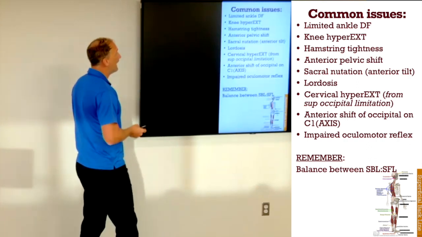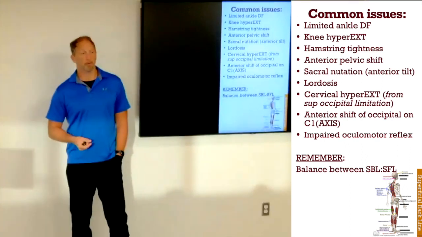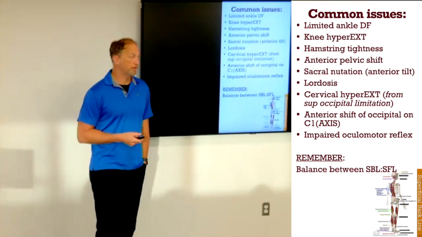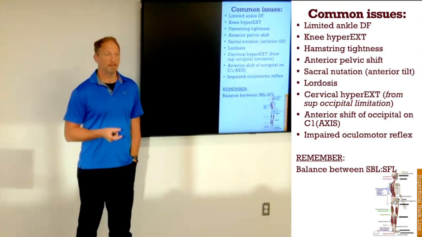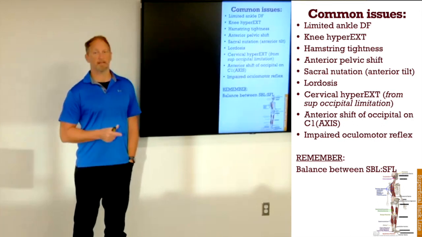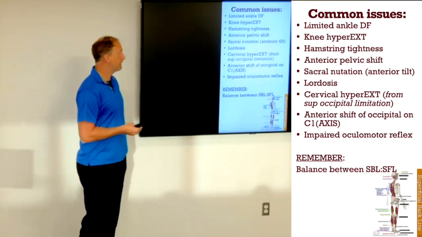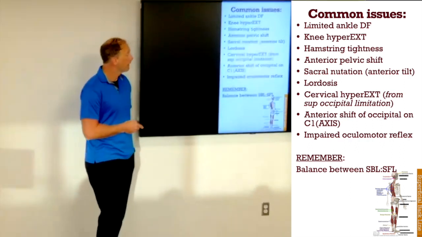And so when that happens, what we see is a limited dorsiflexion problem, or dorsiflexion restriction, or hyperextension problem. So we're not going to get just the lordosis problem by having issues within the superficial back line. There has to be additional changes in the superficial front line to go along with that.